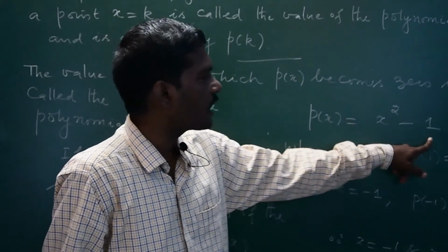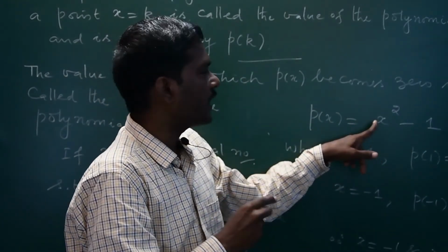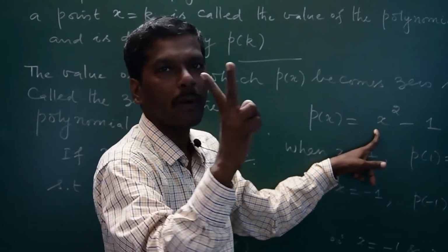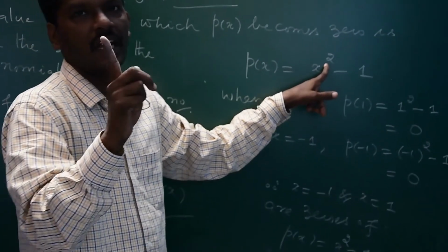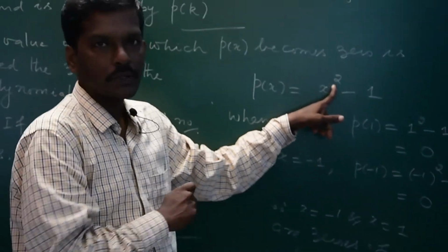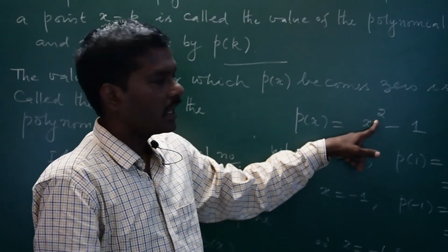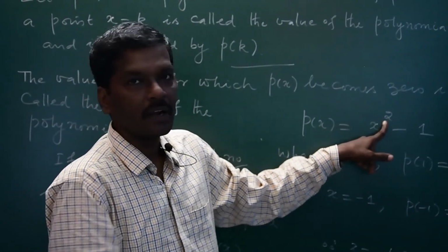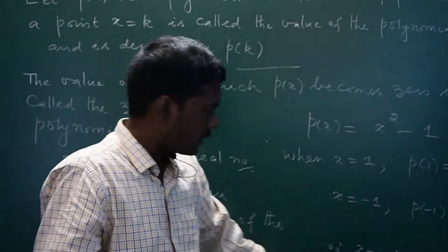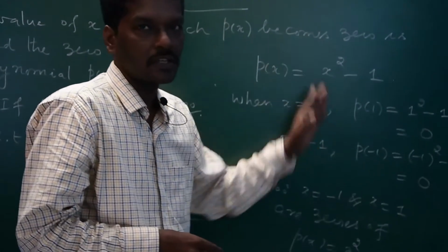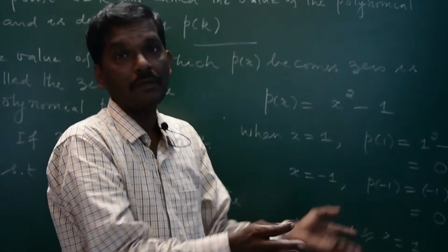If at all this polynomial takes the value 0, it can take value 0 at a maximum of 2 points. So the degree of the polynomial conveys a secret to us: if the degree of the polynomial is 2, it can have at the most 2 zeros, namely -1 and +1 for this polynomial. Sometimes it may happen that it may not have zeros at all.